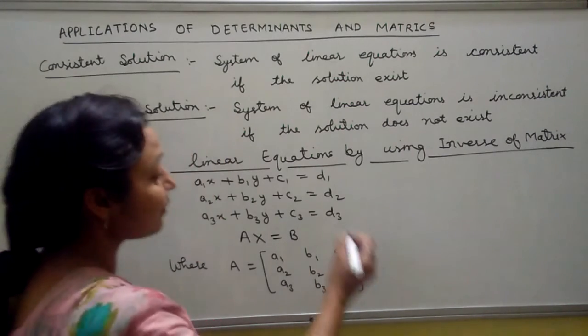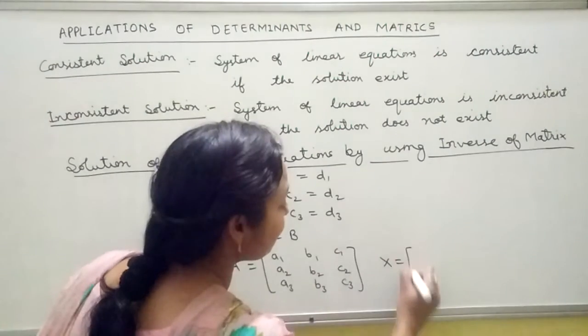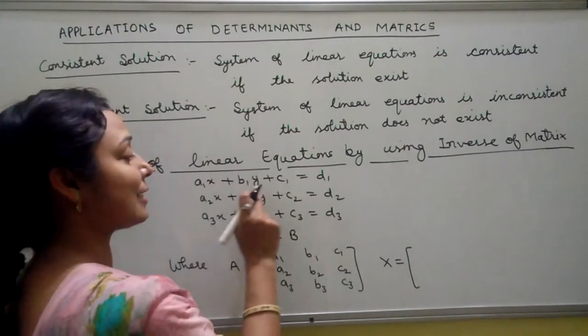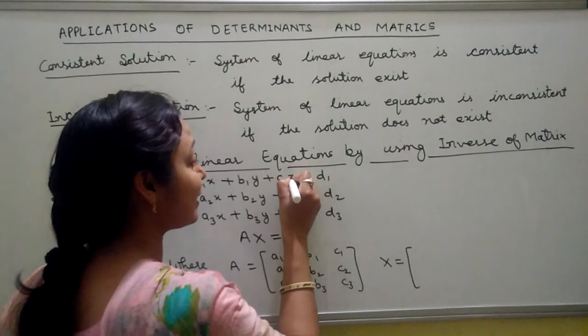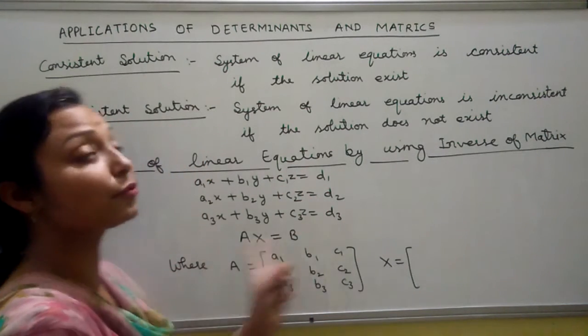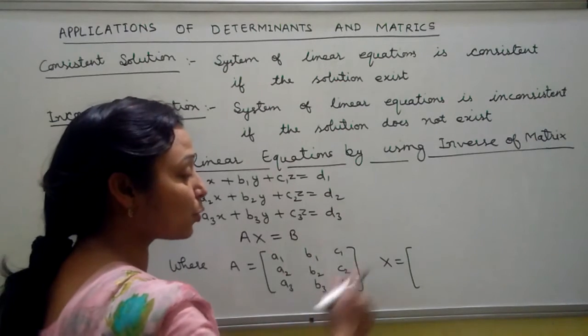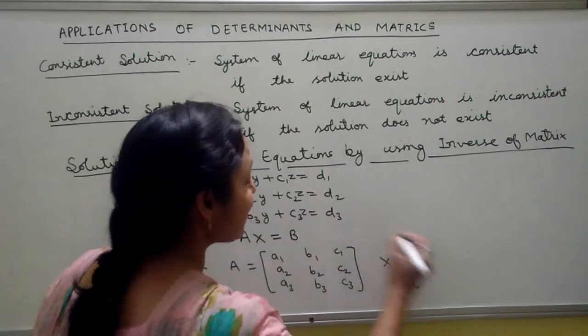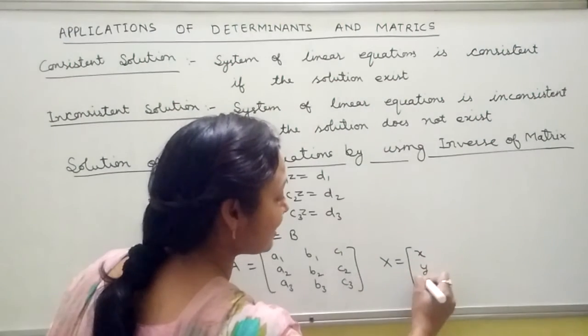Okay, and what will be the value of X? How many variables are there? If I write x and y, there are two variables. If I take z along with the c1, c2 and c3, there are three variables. To make the square matrix, we should have three variables like this. This is x, y and z.